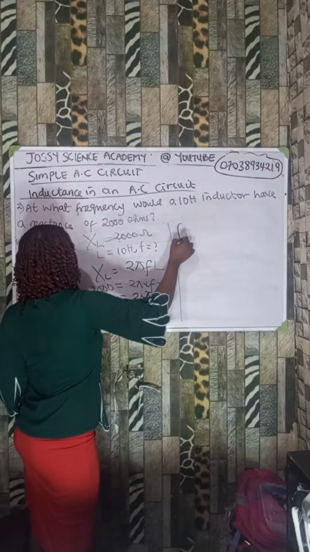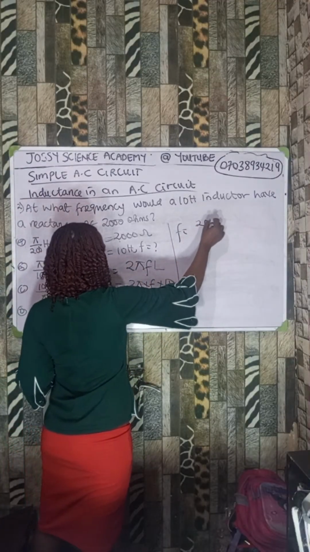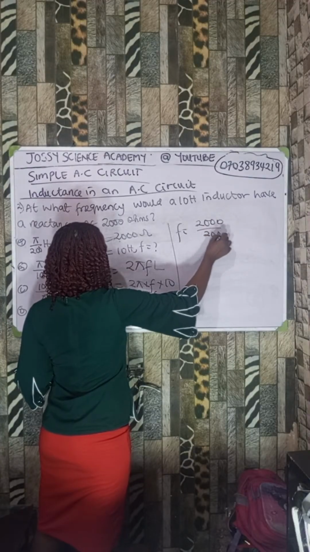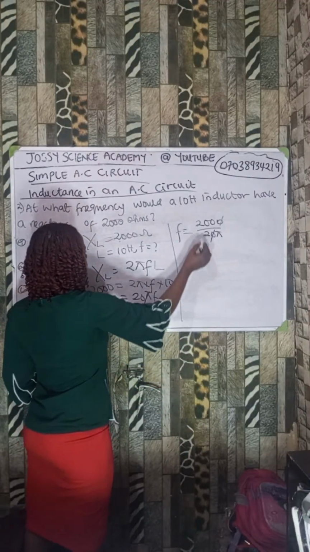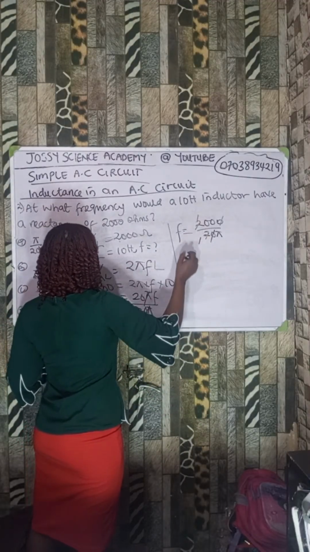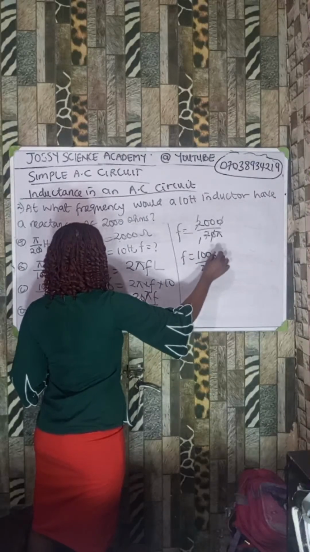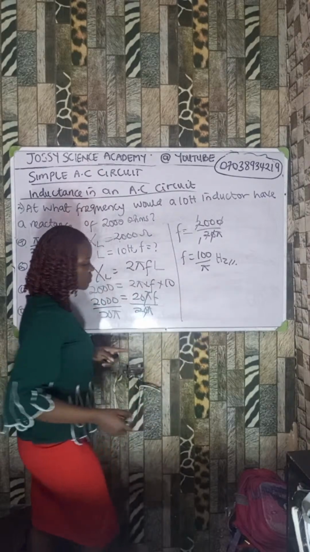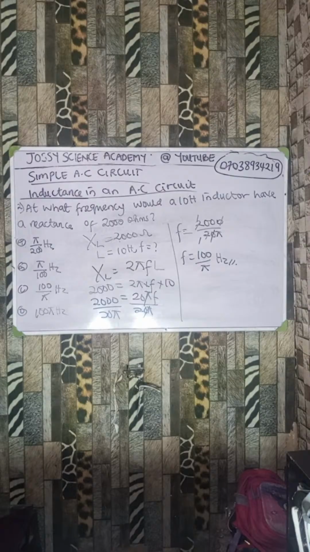So my frequency is equal to 2000 over 20 pi, right? So 0 cancels 0. 2 into itself 1, 2 into this is 1. So F is equal to 100 over pi Hz. Do you understand? Are we clear? Please guys, do you understand? Are we clear?